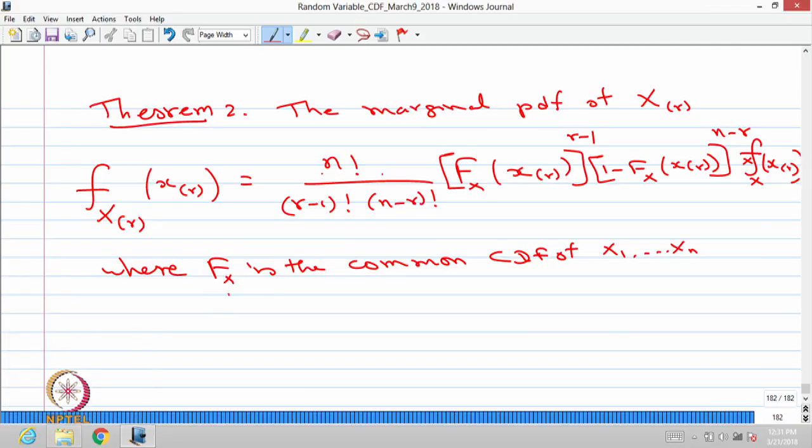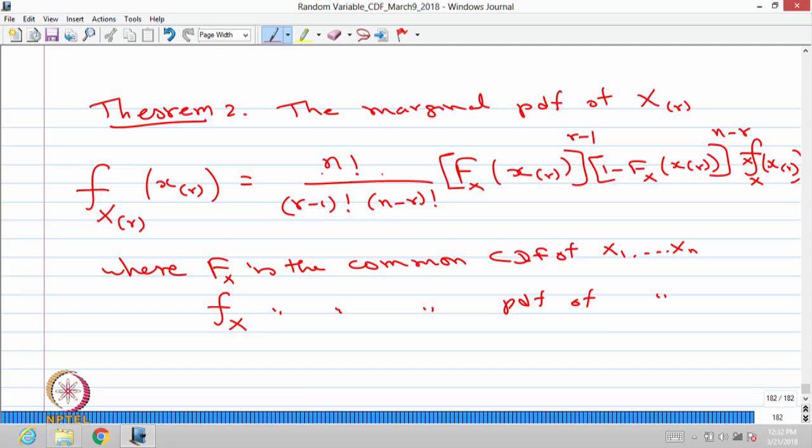Similarly, the small f of x is the common probability density function of the random variables X1, X2, ..., Xn. So, one can get the probability density function of order statistics with the help of the common CDF and common PDF of the random variables X1, X2, ..., Xn.